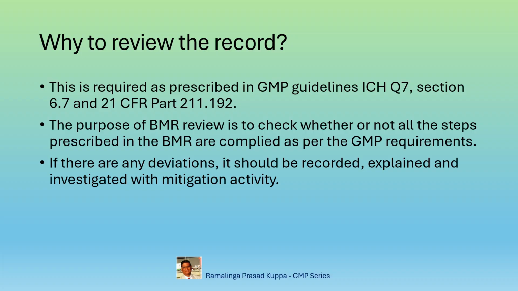If there are any deviations, they should be recorded, explained, and investigated with mitigation activity. This is important. All such GMP related issues should be recorded and justified with CAPA for impact mitigation.